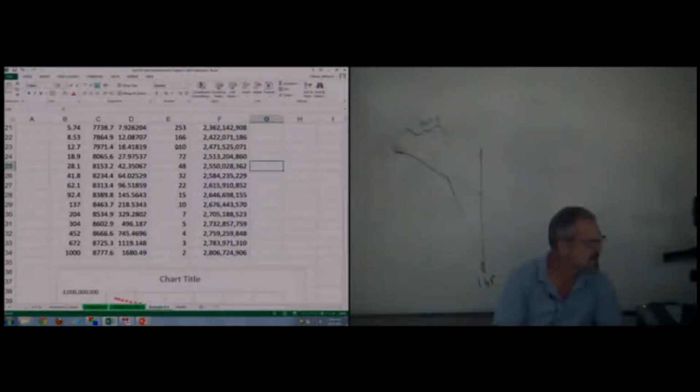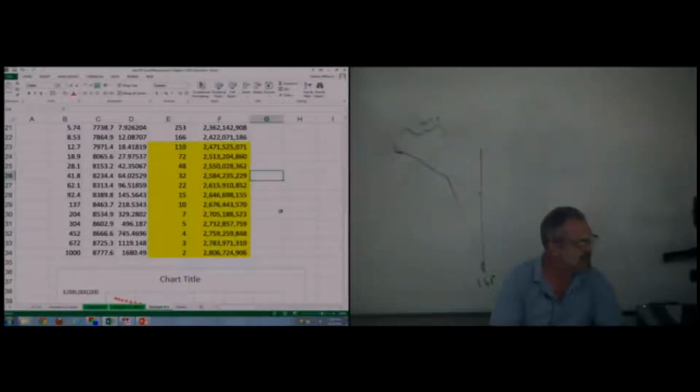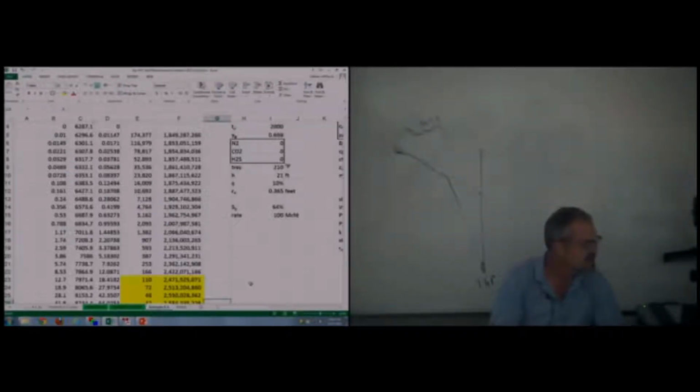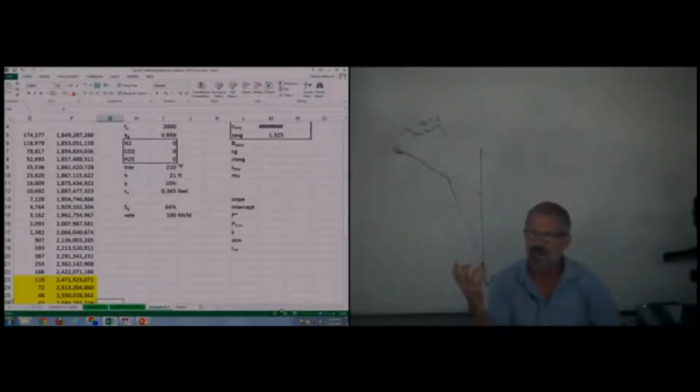So basically, this is what I'm going to run my regression analysis on. This portion of the data. We can come back and change some of this, okay? I'm just trying to run through how we can rapidly do an analysis.